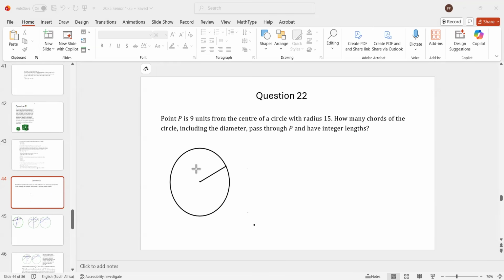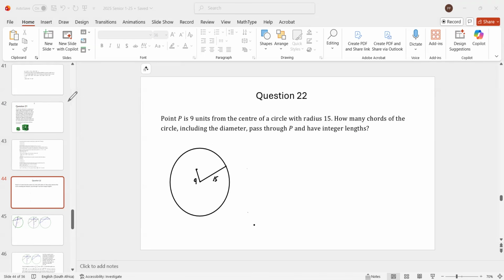So when you join these two, you get 9. That distance is 9. The radius is 15. Okay, now they ask how many chords of the circle, including the diameter, pass through P, having integer lengths. All right.